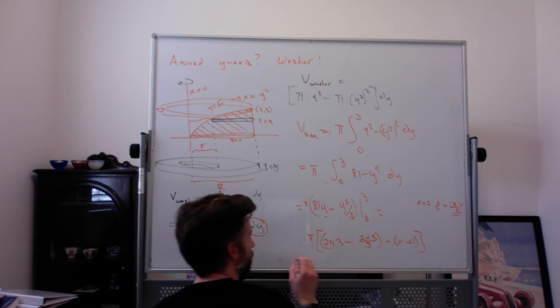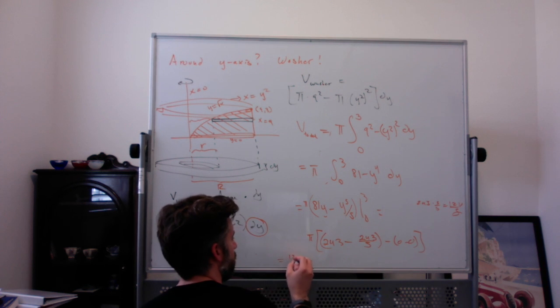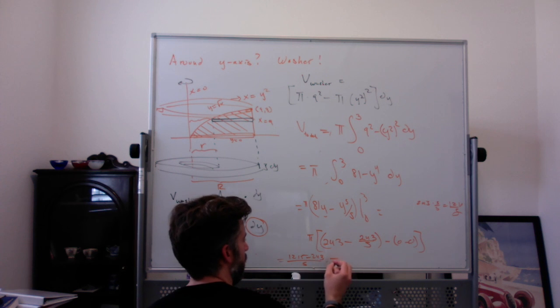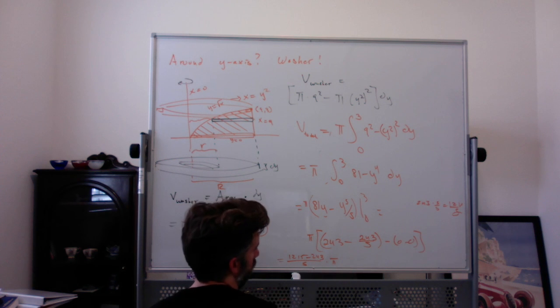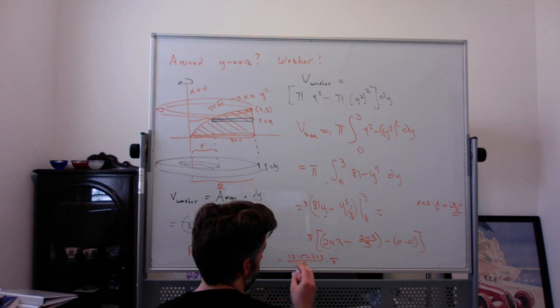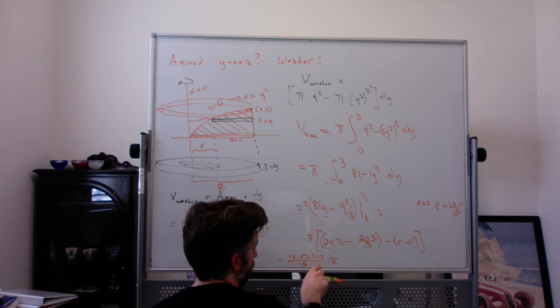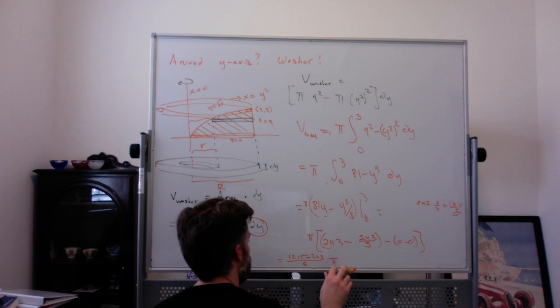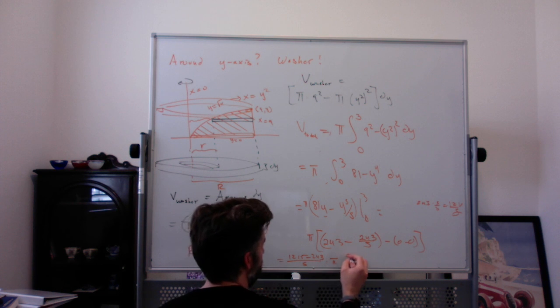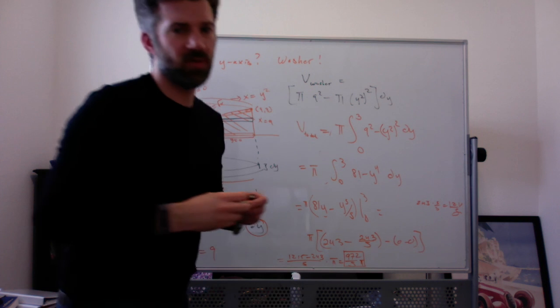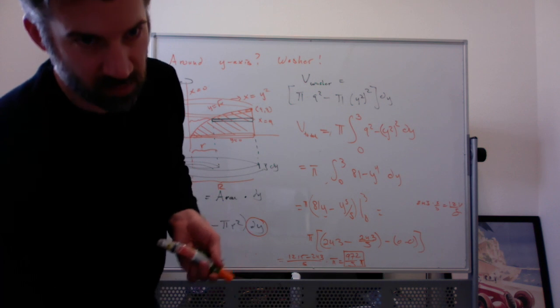So this is going to be 1215 minus 243 over 5 times pi, which is going to be 972 over 5 times pi. The numbers aren't so important here. The process is what's really important. All right.